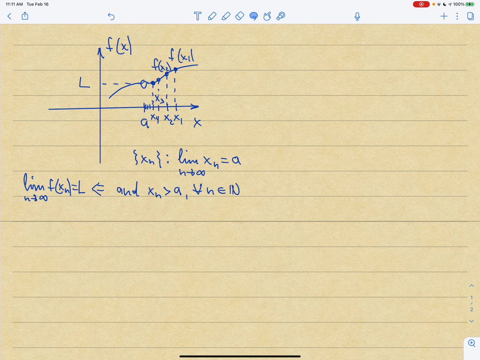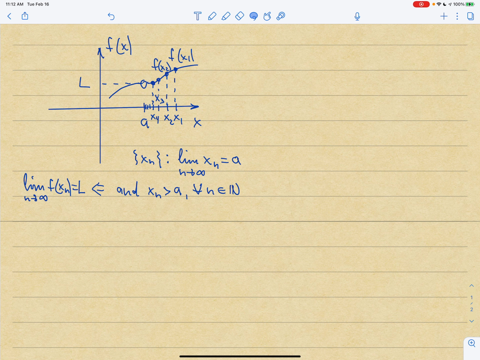So if I pick any sequence xn like this, so xn's are to the right of a, and xn's converge to a as n goes to infinity, for all sequences like that, in this particular case, it will be true that the limit as n goes to infinity of f of xn must be equal to L. And so that means that the limit of my function as x goes to a from the right is equal to L, right?